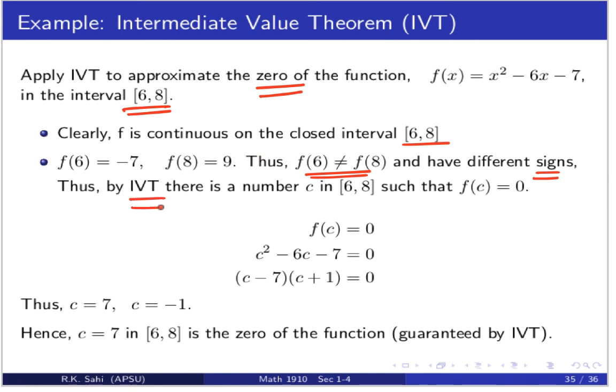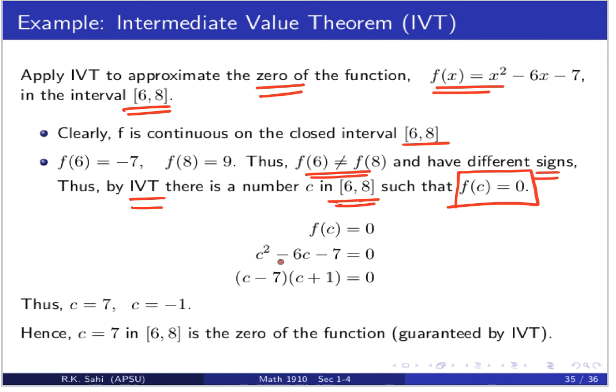Now by IVT, there is a number c in the interval 6 to 8 such that f of c is 0. Now that's the meaning of the zeros of the function. Remember, I just explained to you with an example what a zero is. That's what basically I'm saying. So go ahead, do the math. f of c is 0. Remember, f of x is here. So replace the x's by c.